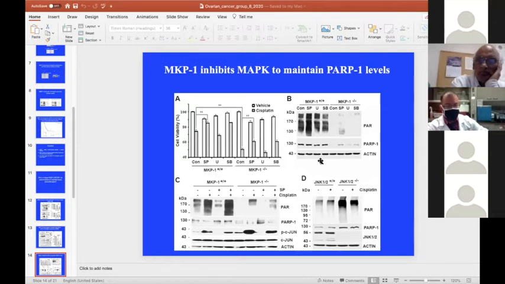So here we took MKP1 cells and treated them with the JNK inhibitor in the absence or presence of cisplatin.